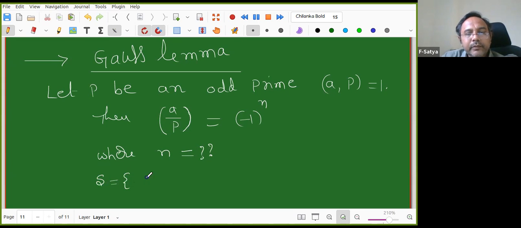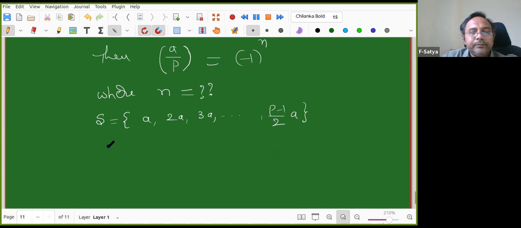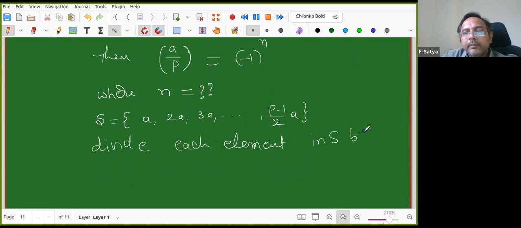He took the set S: A, 2A, 3A, and so on up to (P minus 1)/2 times A. Then what he did is he divided each element in S by P and took the remainders.